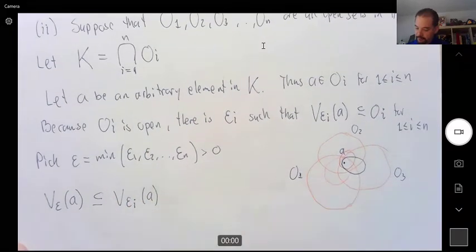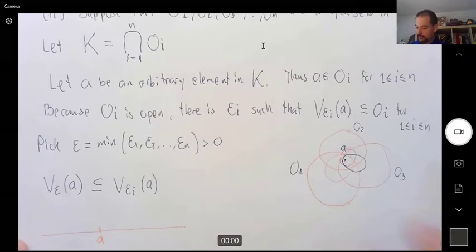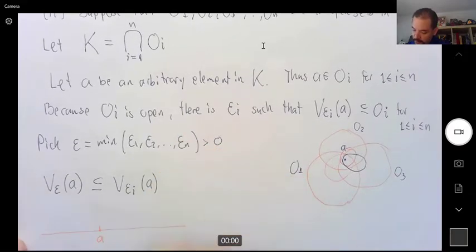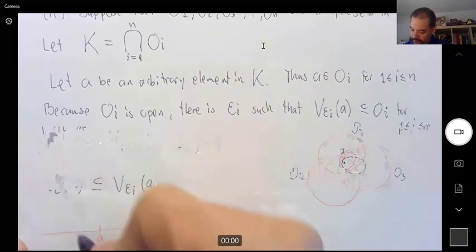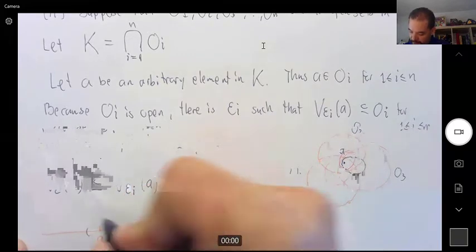Think about it. So let's do a little picture. I did a picture here, like a Venn diagram type of picture, or a two-dimensional one. But in reality, our picture should be like this. Somewhere here is A. And we know that epsilon is the smallest of these. So we have here V epsilon.